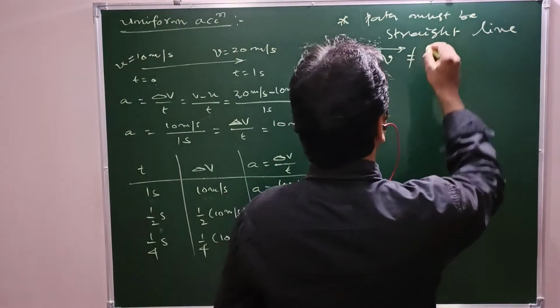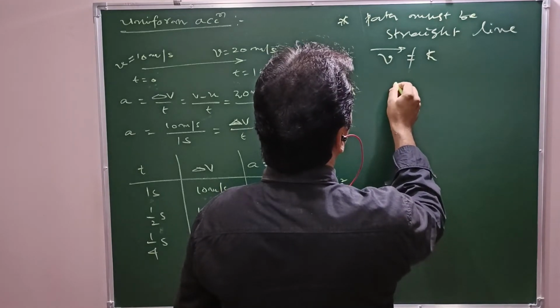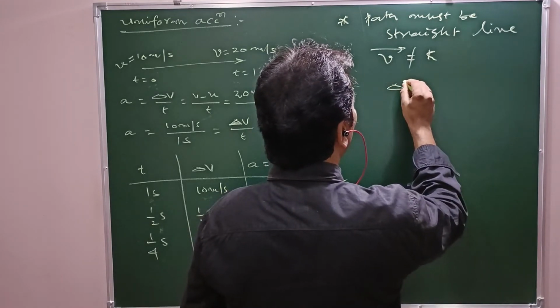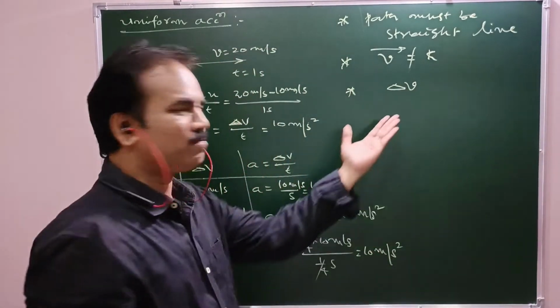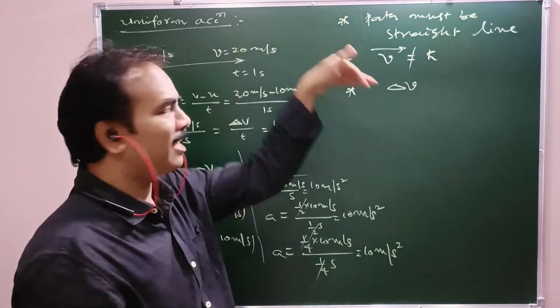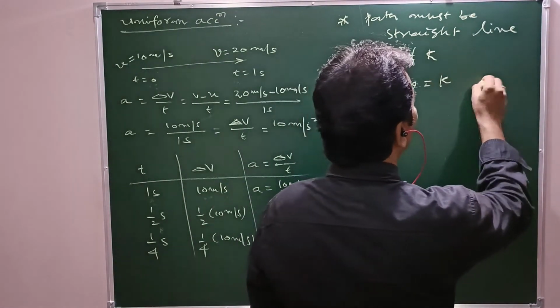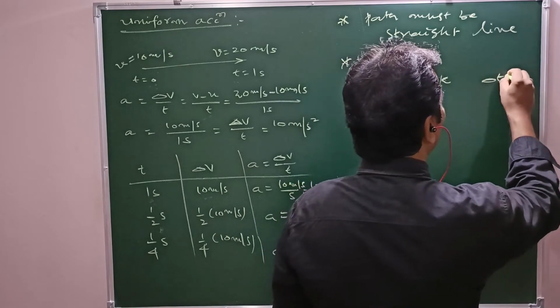But the change in magnitude of velocity, that is change in speed, in case of straight line motion, am I right? That is delta V is constant, provided delta T is also constant.